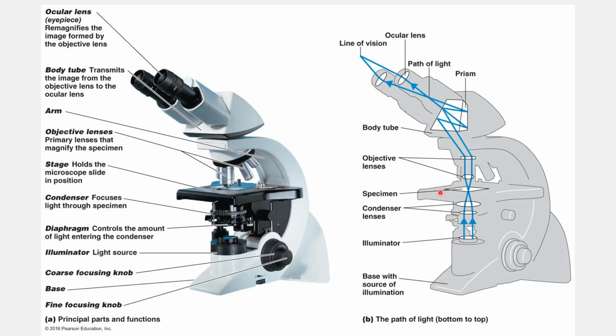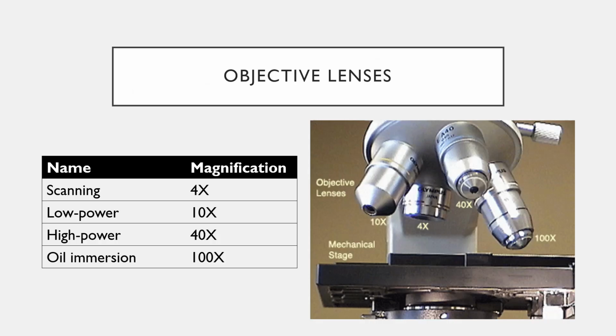Now, as I said, the microscopes typically have 4 different objective lenses that can be rotated out to get different degrees of magnification. Usually those objective lenses are the scanning lens, which is the lowest magnification. The magnification of this lens is 4x, meaning 4 times greater than the naked eye.